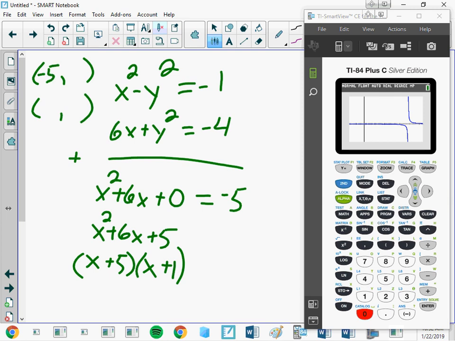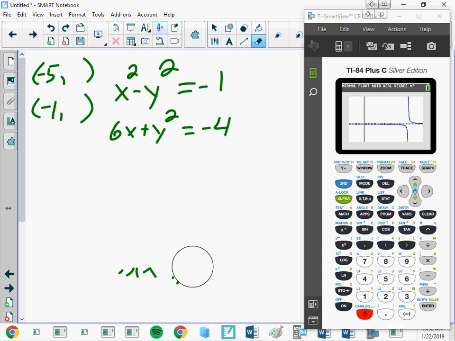Negative 5 and negative 1 are both x's. Now I need to find the y values. So let's plug those into the top equation. Let's plug them into the bottom one. It's positive.